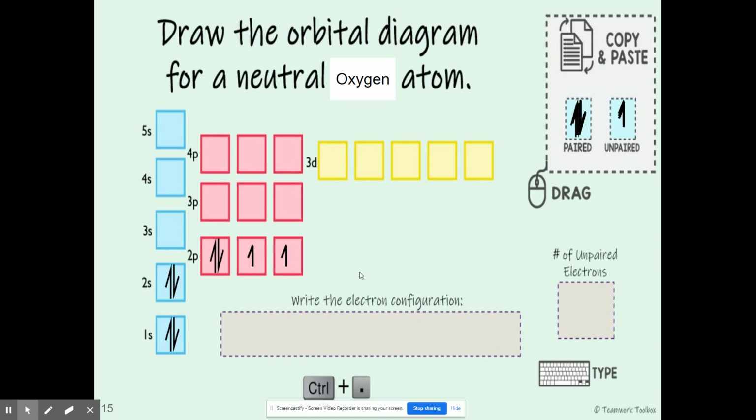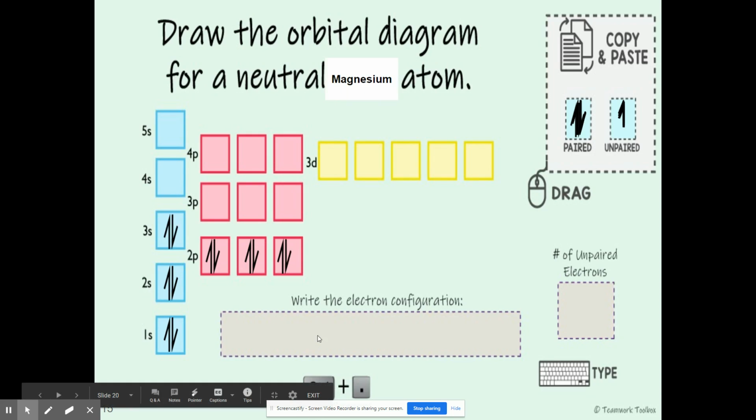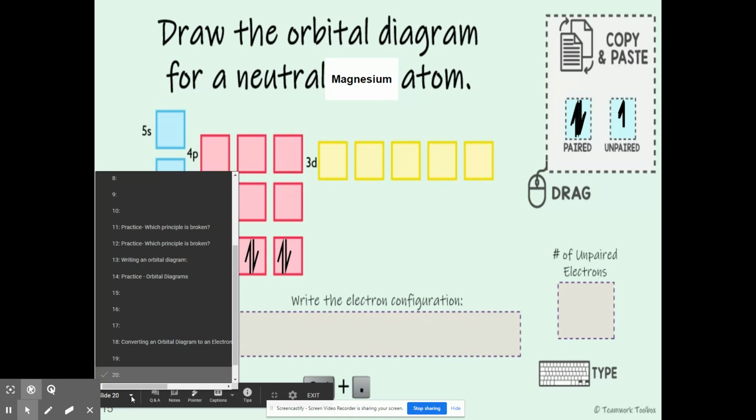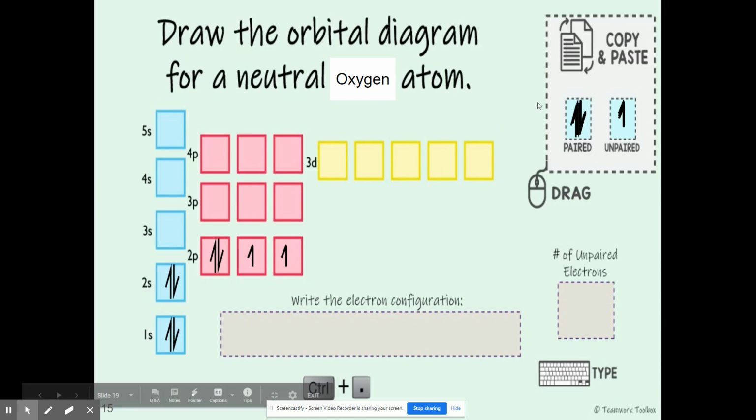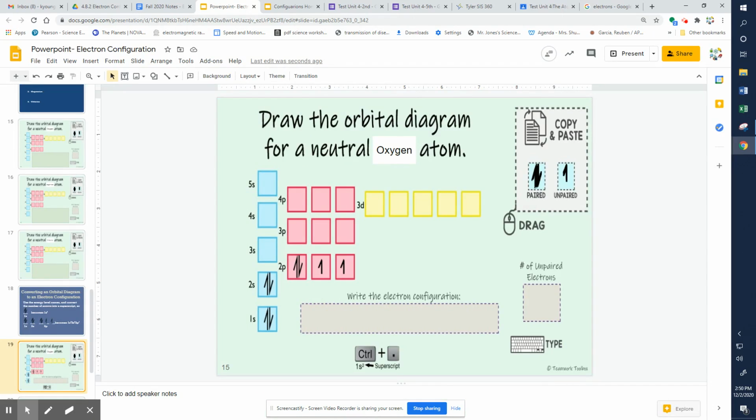So here we go. Here's oxygen. Again, you've already done this. We're just writing the electron configuration down here. I'm going to click in here and write it.